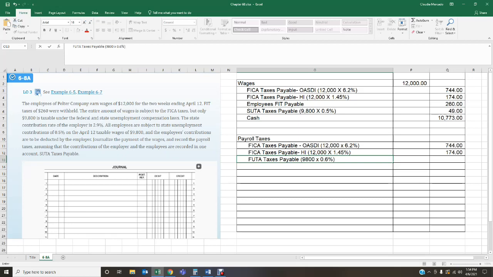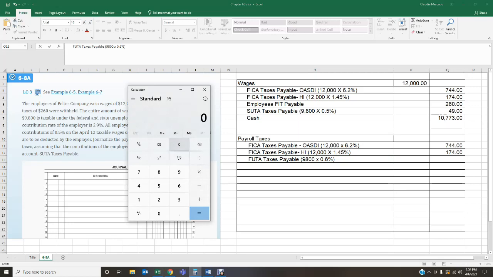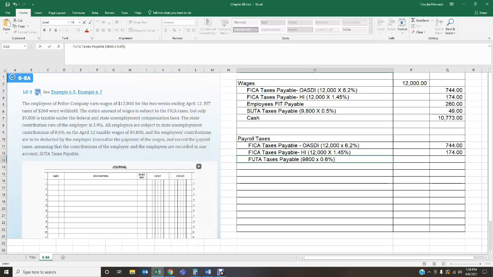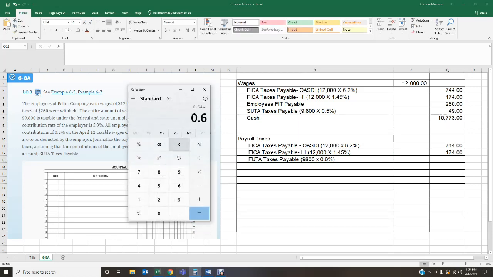You need to refer back to the prior chapters that talk about FUTA. Remember, our FUTA rate is 6%, and then we get a 5.4% credit. That gives me the 0.6%, which we're using. So 9,800 times 0.6% gives me $58.80.